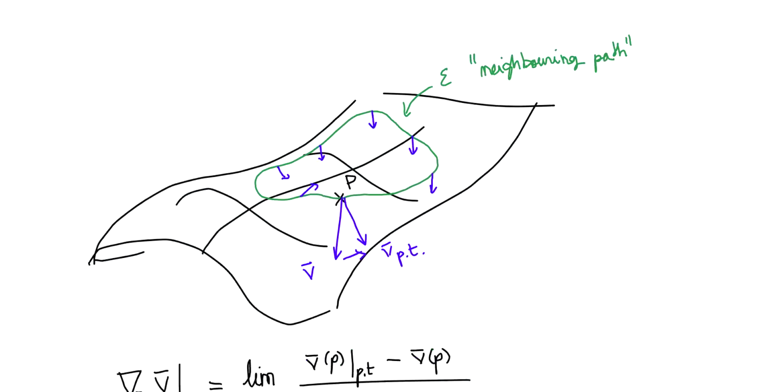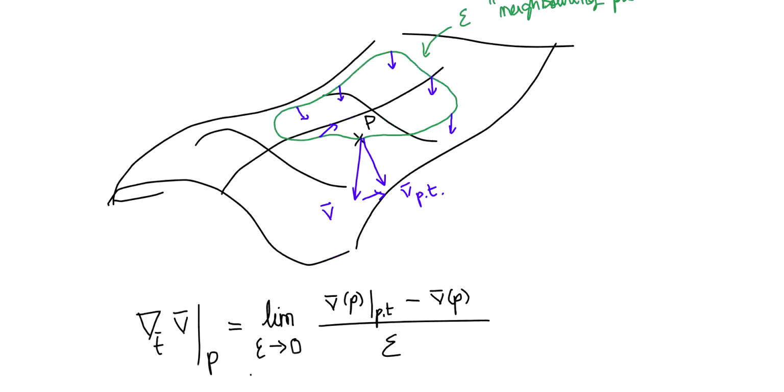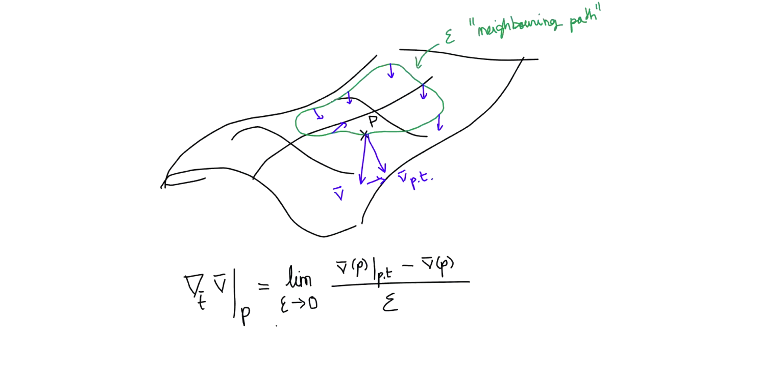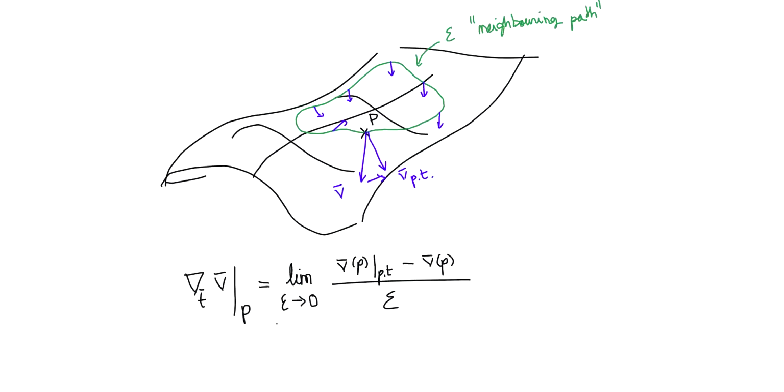So as epsilon tends to zero, this is the definition of the covariant derivative. And the covariant derivative is the translation of everything I explained earlier with parallel transporting a vector and not coming back parallel to itself initially.